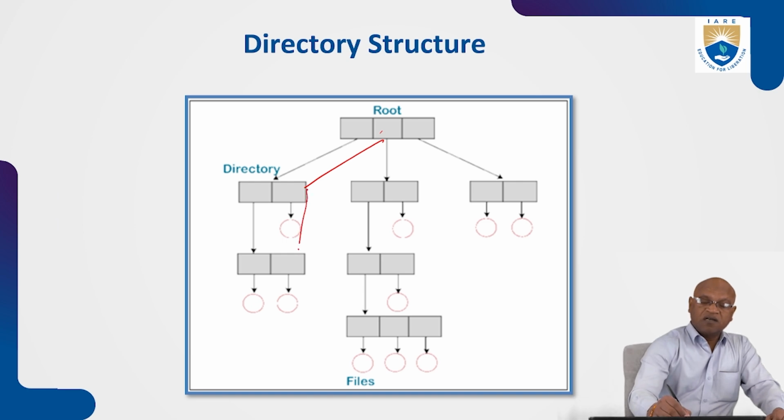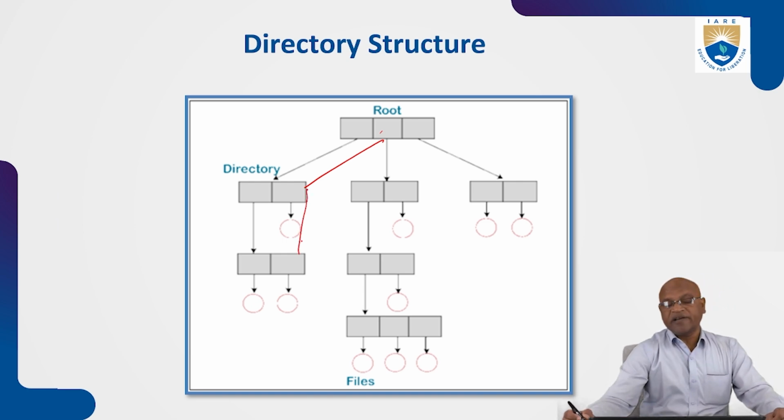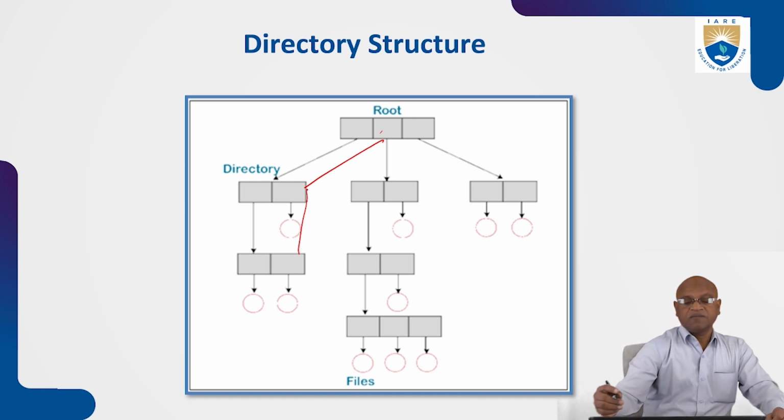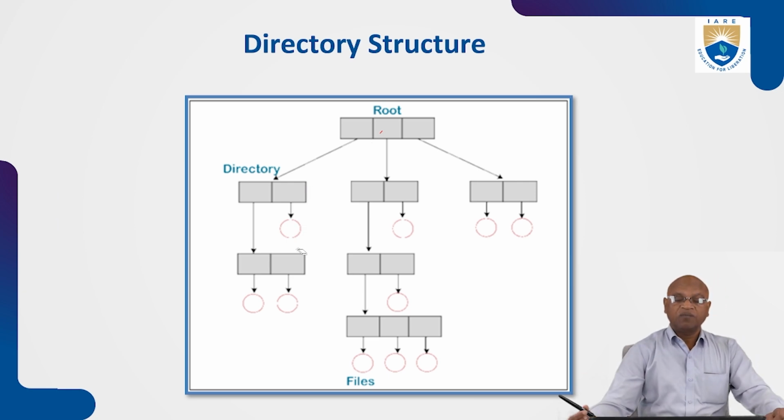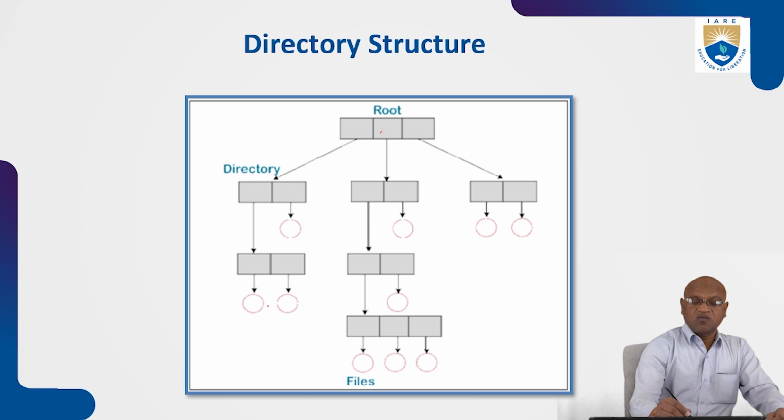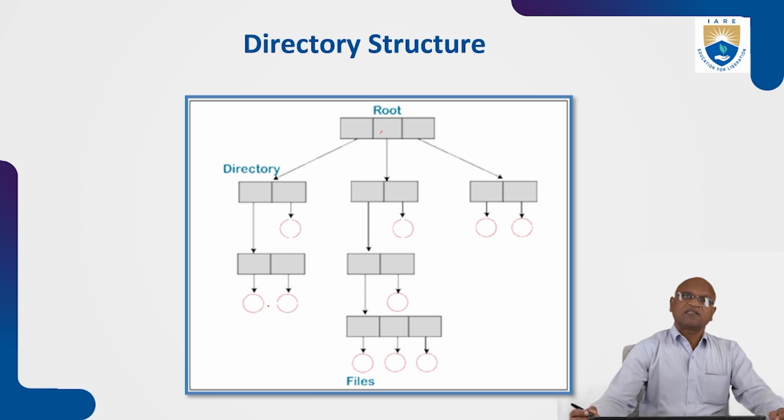Under this one, we'll have this tree type pattern. In this one, the files will be saved under root, directory 1, directory 2, directory 3, like this. So files will be saved. This is a root. What are the root nodes there? They are the files.